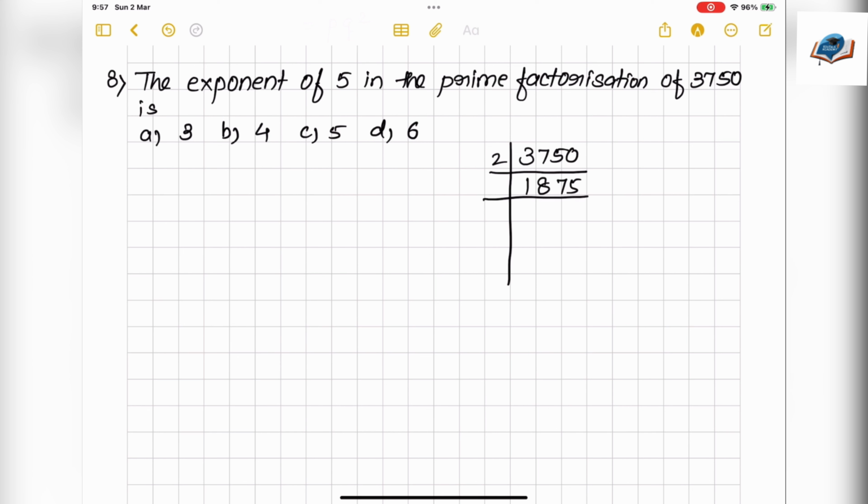Then with 3 I will divide, so I will get 625. Then with pi I will divide, so I will get 125. Again with pi, I will get 25. Again with pi, I will get pi and pi, 1. So here pi is repeated 4 times. So my correct option is B 4.